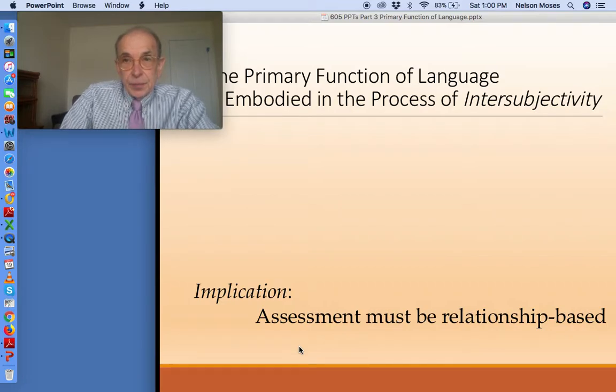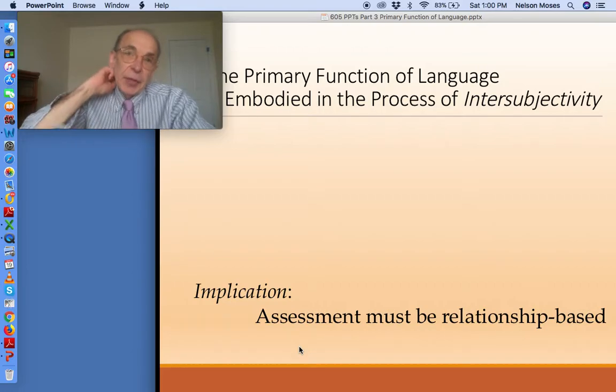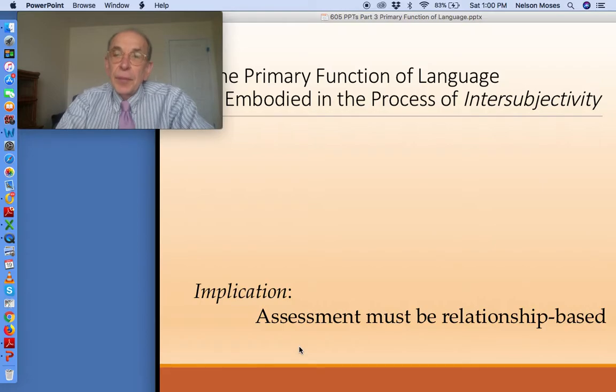And the bottom line reason, according to Lois Bloom in her intentionality model of speech and language, has something to do with the process that Bloom calls intersubjectivity.